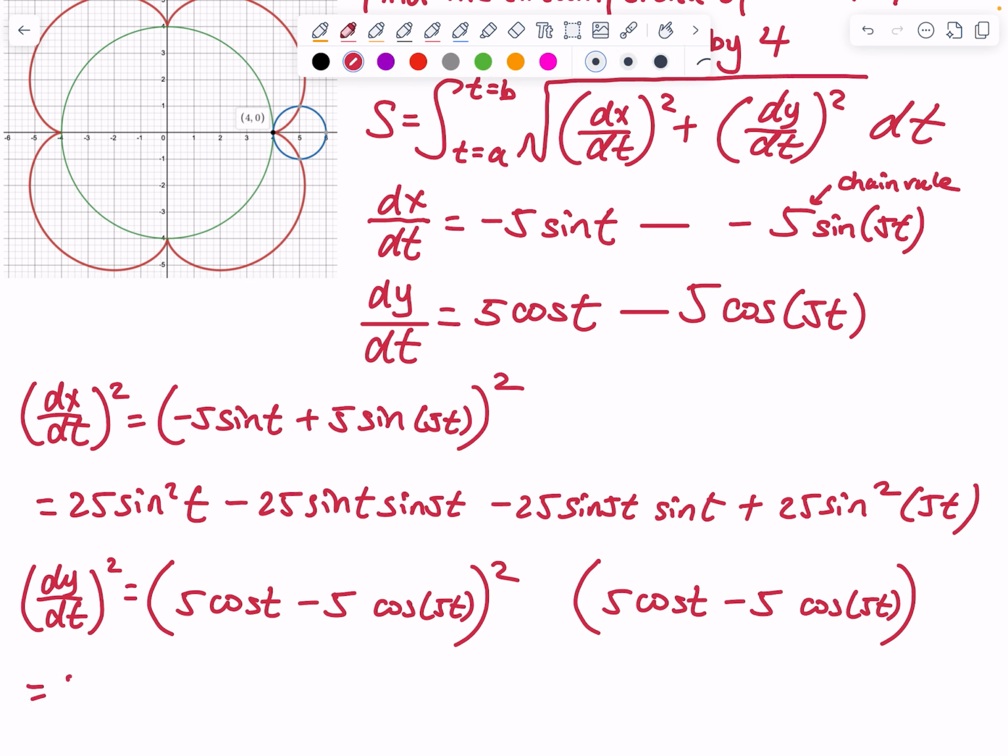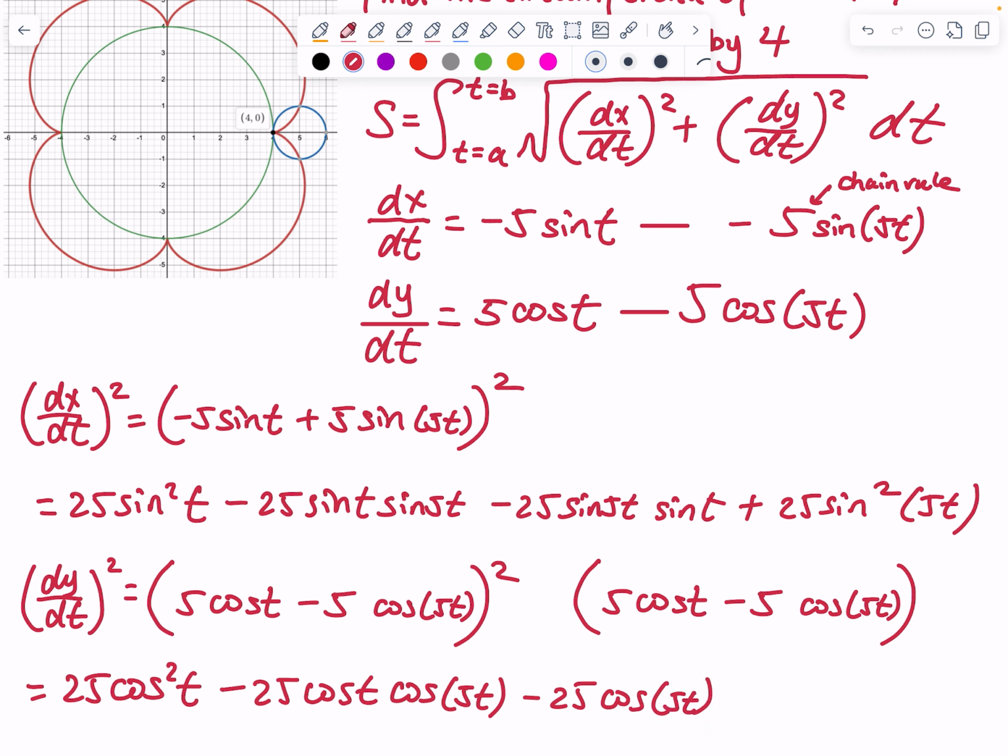Okay, that is 25 cosine squared t, negative 25 cosine t cosine 5t, and then negative 25 cosine 5t cosine t, and then 25 cosine squared 5t.